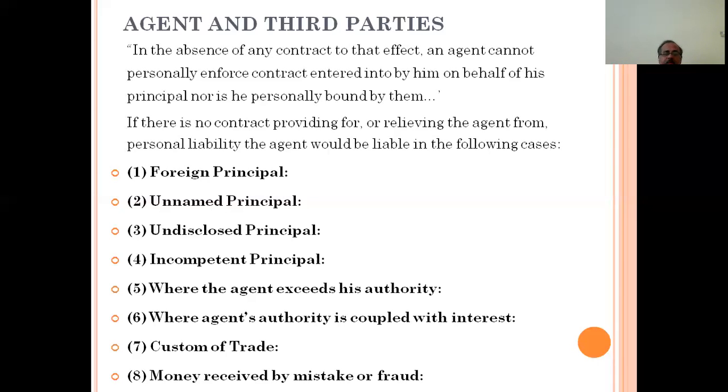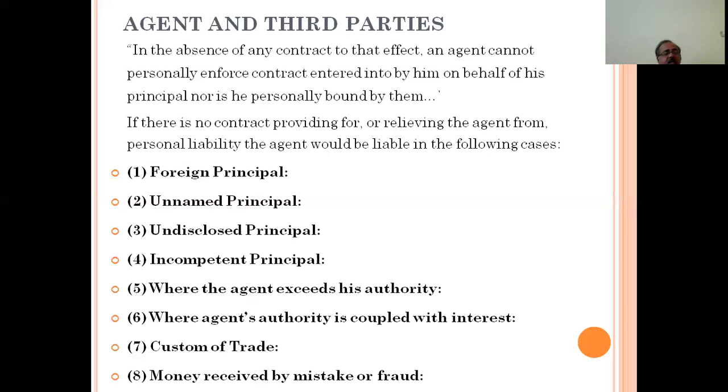And money received by mistake or fraud. Whatever money is received from a third party by mistake or by any fraudulent activity, in that case the principal is not directly responsible. The agent is directly responsible to the third party.